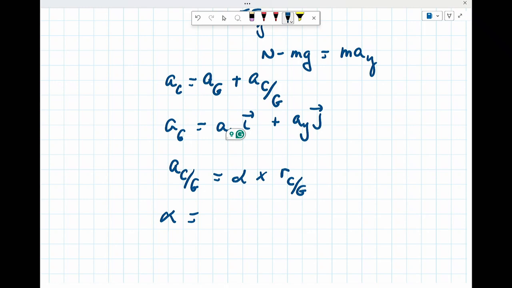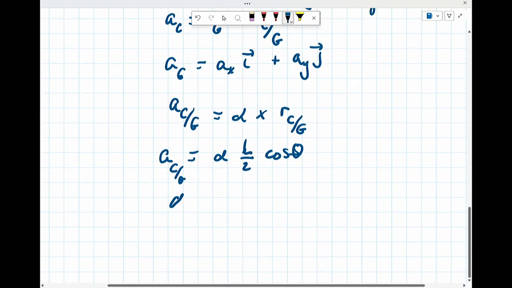after all the solutions, let me see. Anything else? No? Oh. A C with respect to G will be alpha L over 2 cos of theta.